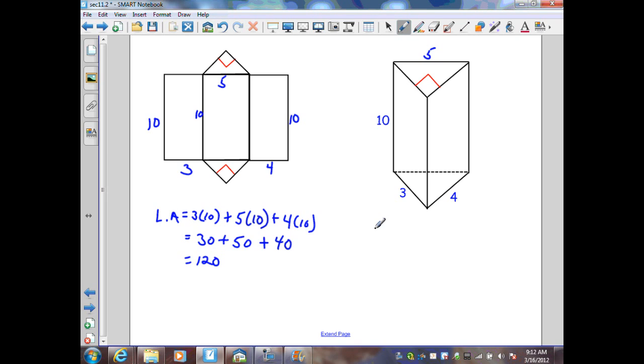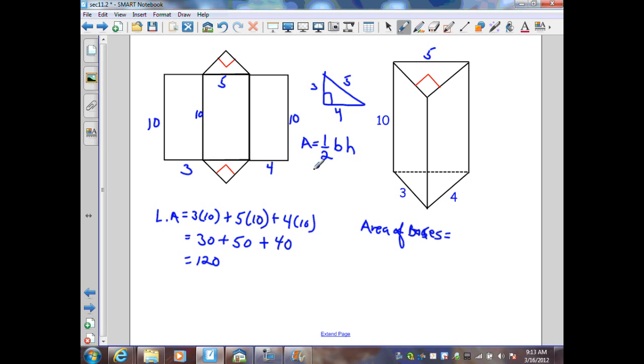Now I need to find the area of my bases. To do this, I need to determine the height of my triangle, or the altitude of my triangle. I'm given a right triangle, and I know the dimensions are 3 by 4 by 5. I know that the area of a triangle is equal to 1/2 the base times the height. The height is any perpendicular segment from the vertex.